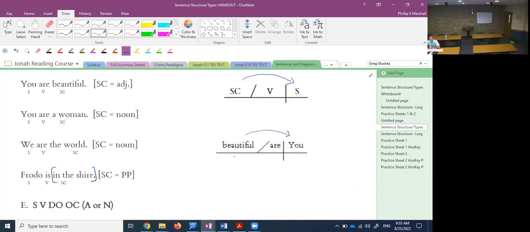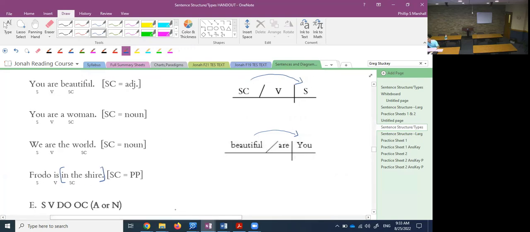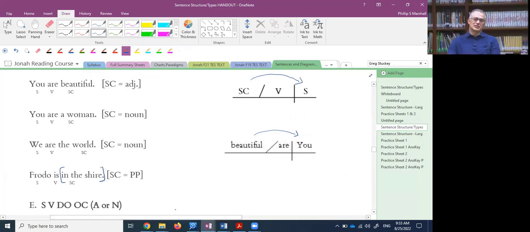Dr. Marshall? Yeah. On that example, is that because these are to be verbs? I'm getting a little confused diagramming, but if Frodo lives in the Shire, would in the Shire be modifying live, like underneath that, or would it stay up top? If it were Frodo lives in the Shire, then the prepositional phrase would go below.